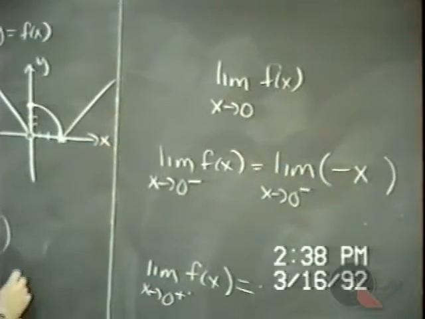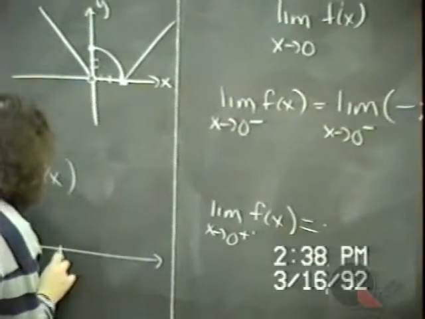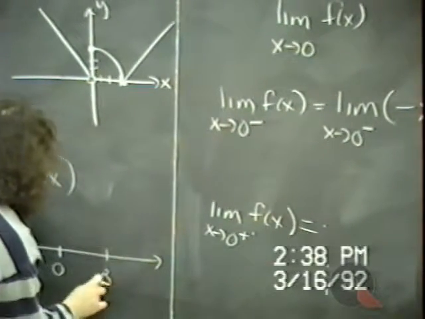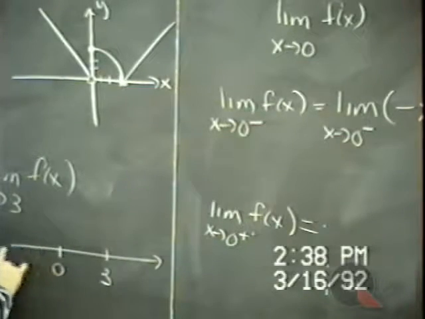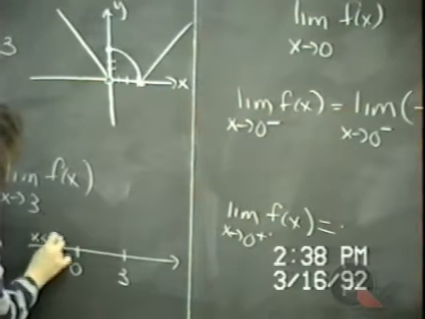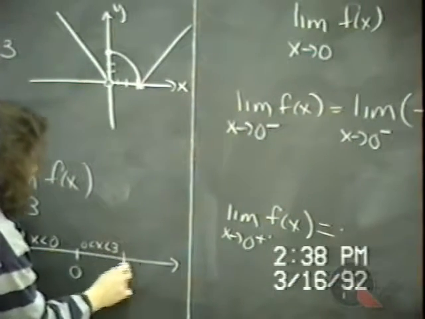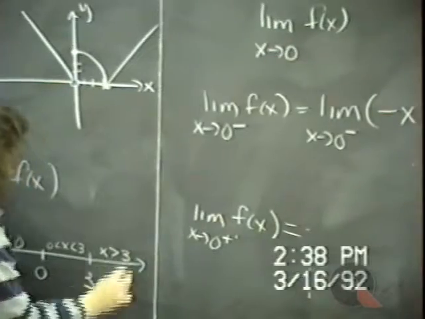Okay, think of the number line. Here is 0, here is 3. As you approach 0 from the left side, this is the region where you're less than 0. This region is between 0 and 3. This is greater than 3.